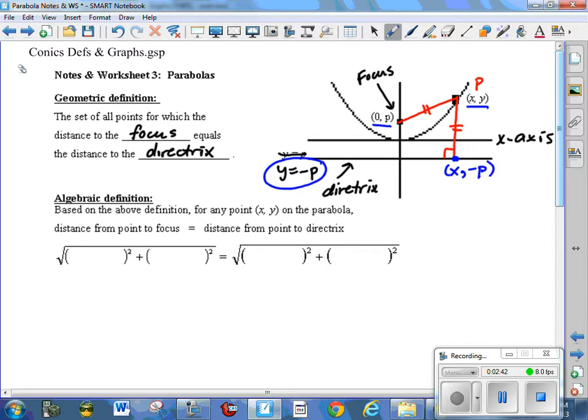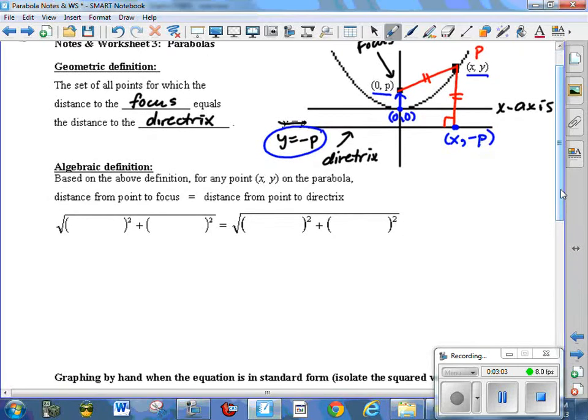And notice that means the distance from the vertex, which is at (0, 0), to the focus is p, and from the vertex down to the directrix is also the same distance. So we can take the distance from the focus to P and from P to the directrix, and equate those using the distance formula.